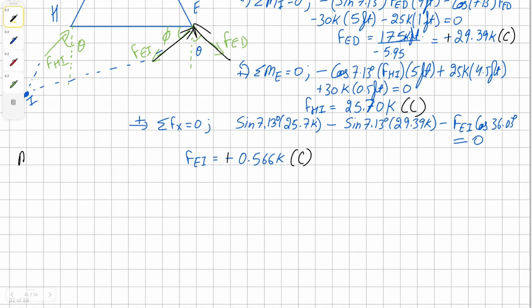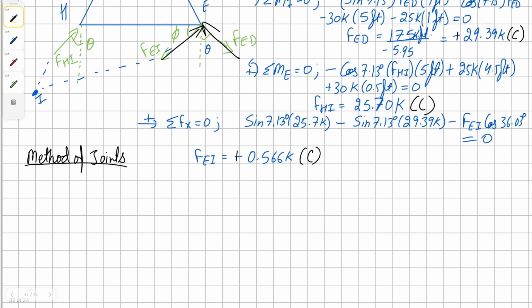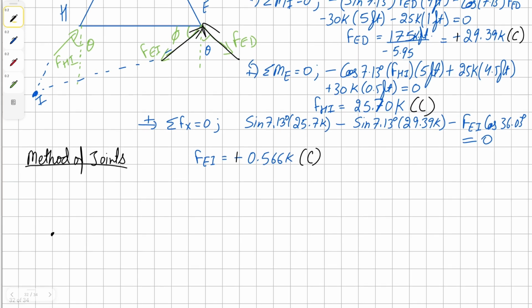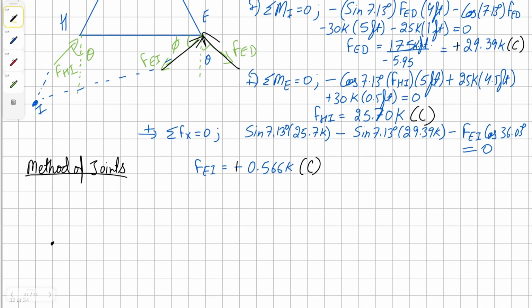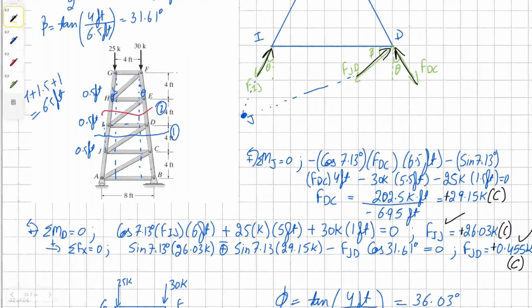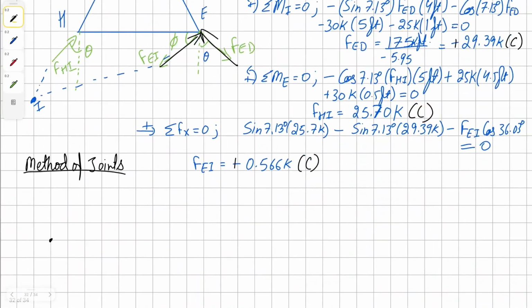Now we can use method of joints to find our required force in member ID. So let's draw the free body diagram of joint I. So we're going to have force IJ.